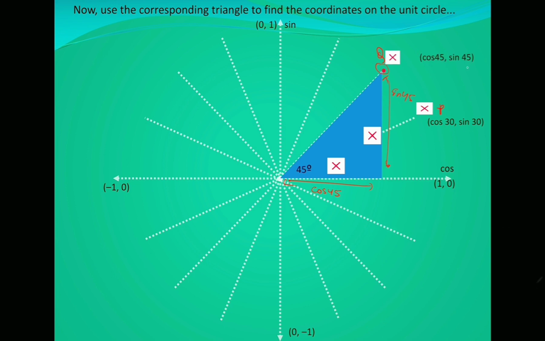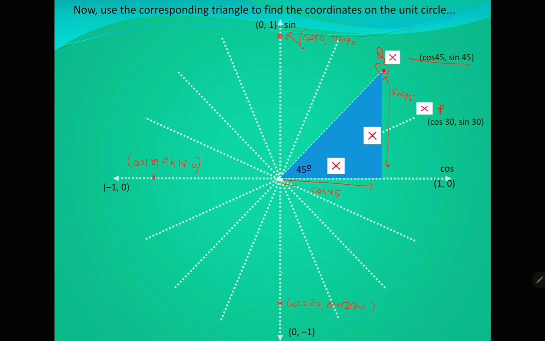Similarly, let's say this is R, and I can write the coordinates for this as cos 90 and sine 90. For this, cos 180 and sine 180. Cos 270 and sine 270, and so on.